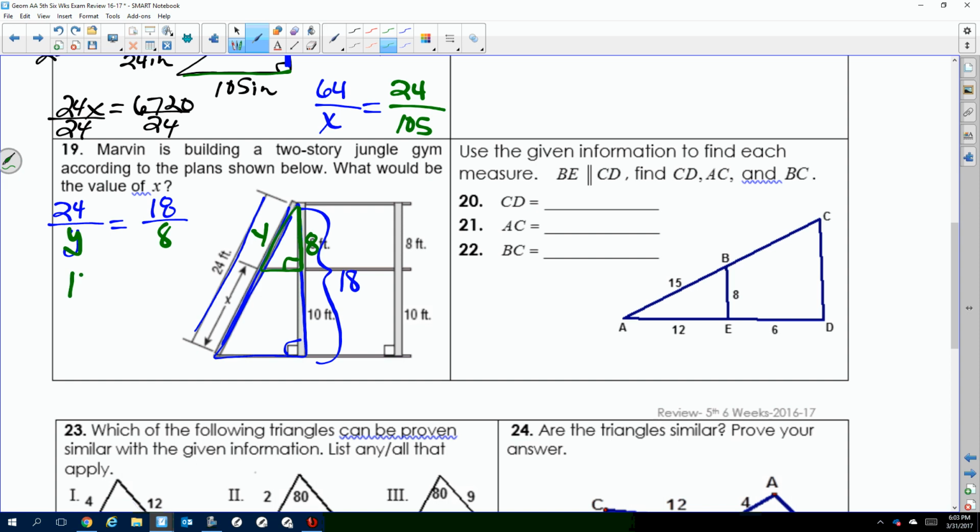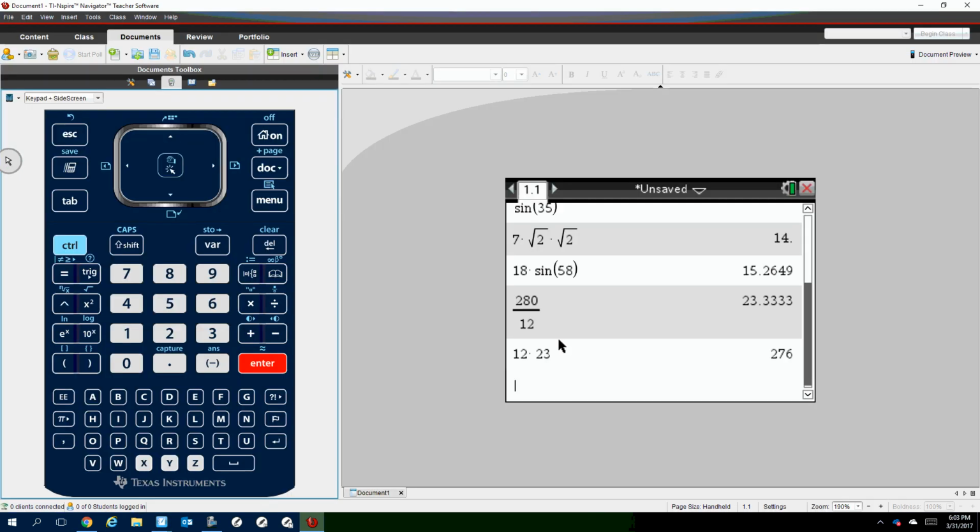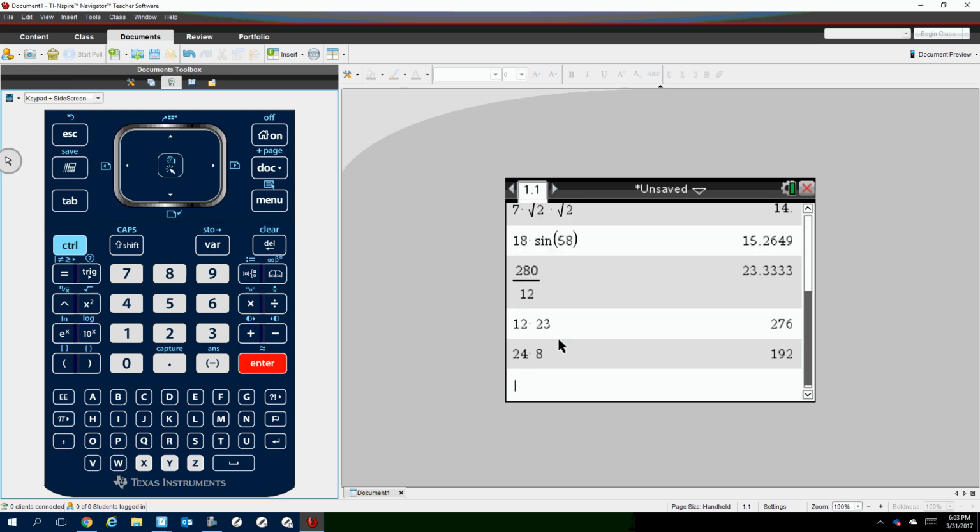So we get 18y equals 192, I believe it is. So 24 times our 8. And then we had 18y, so we're going to divide that by 18.